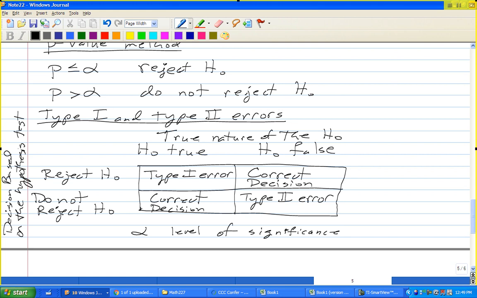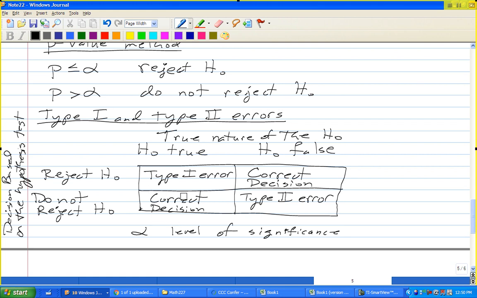And so the null hypothesis goes on trial. If the null hypothesis is innocent and he's found not guilty, we do not reject the null hypothesis, then we have made a correct decision.